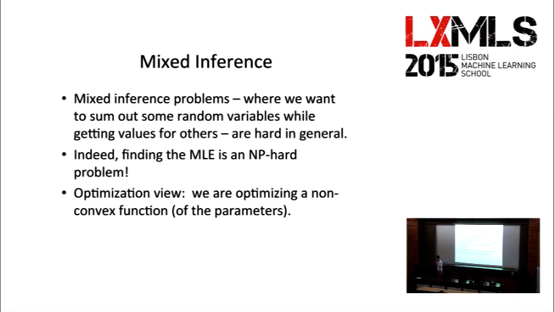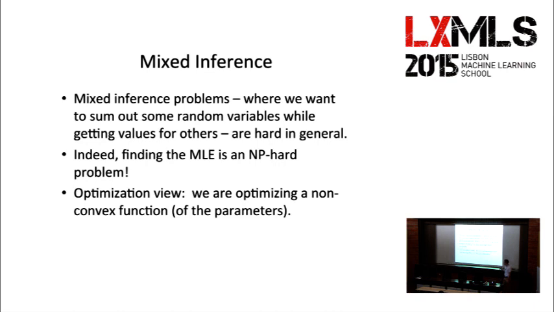In general, mixed inference problems are very challenging. They're very hard to solve, and in the general case, they are NP hard to solve. Finding the maximum likelihood estimate with missing data is, in general, an NP hard problem. That is sad. But we don't give up. From an optimization point of view, there's a different way to cast this, where we say that this is a non-convex function.